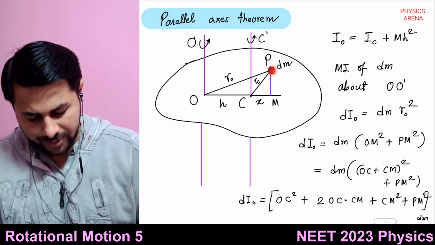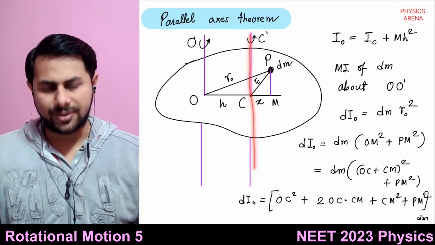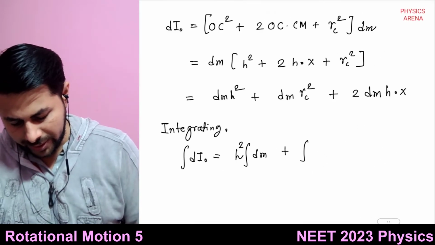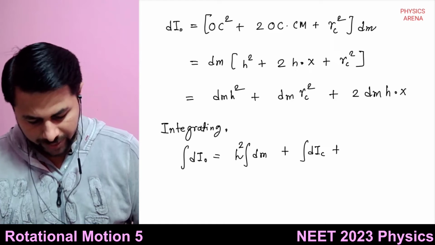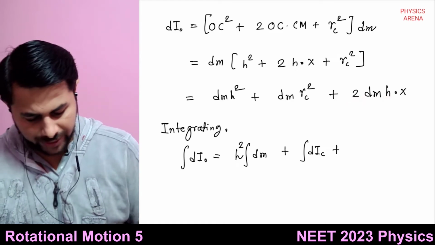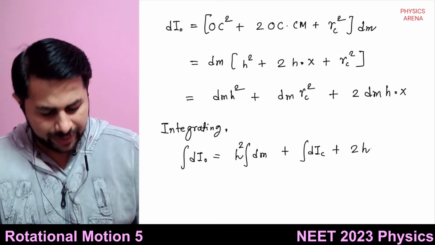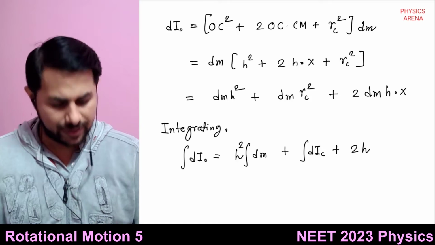What is that? It is the moment of inertia of this mass about this axis, so you can call it dIC. Plus, again you can take 2h outside because h is a constant, the distance between two axes.